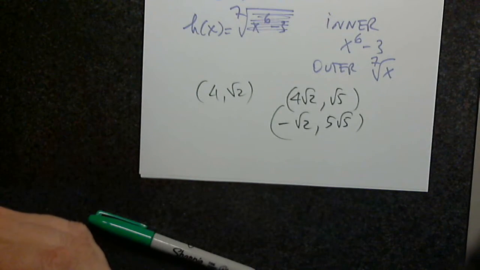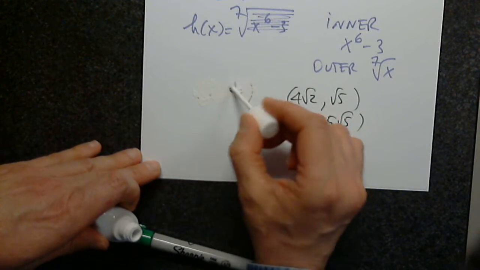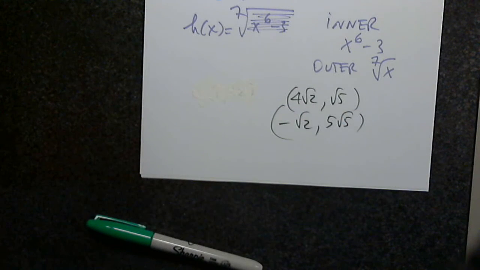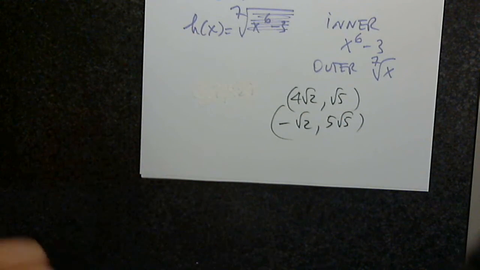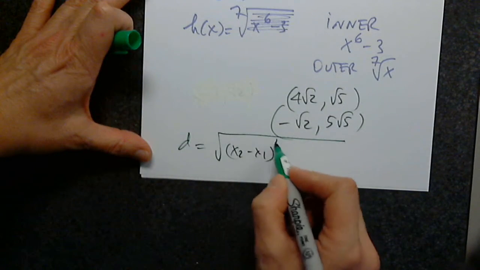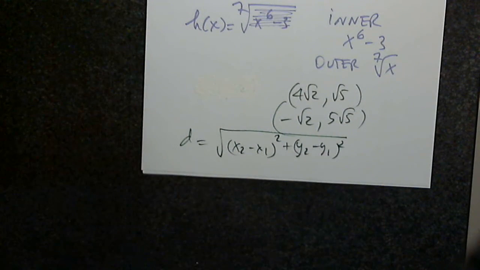So it was find the distance. Okay, let's find the distance. So the distance formula is the square root of x2 minus x1 squared plus y2 minus y1 squared. And I will label them.